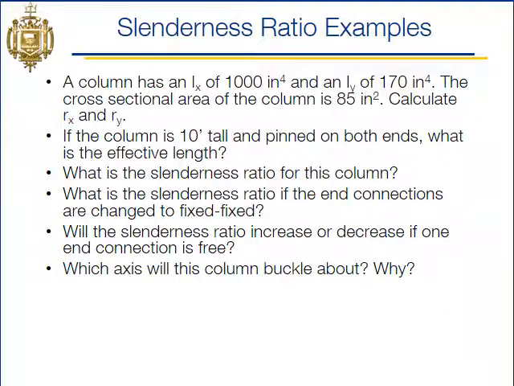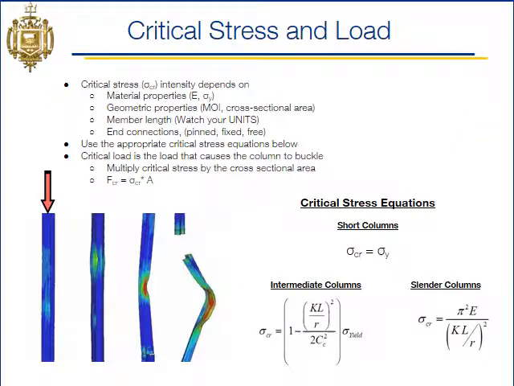Here are some examples before we get to some of the equations. To find the critical stress, we need to know what the slenderness ratio is, and we also need to know what the material type is. Here are all the things that impact our critical stress.